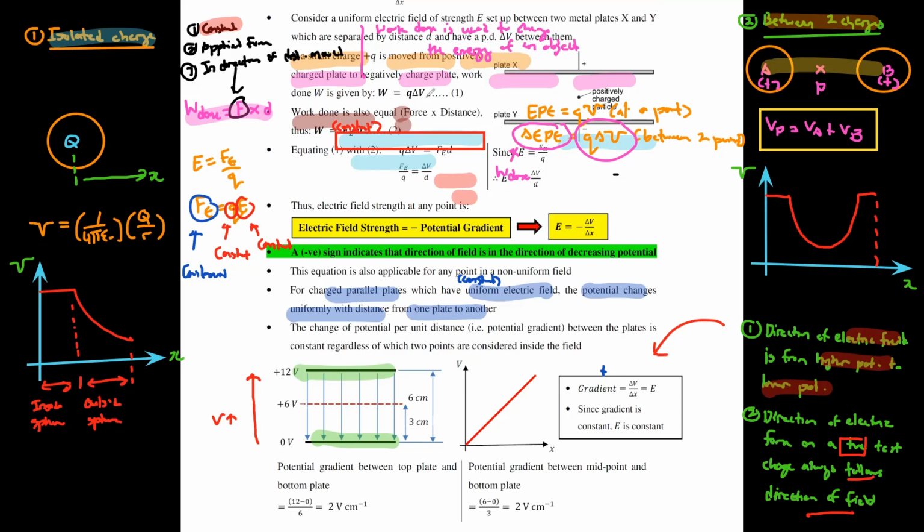If you were asked to draw a graph of potential versus distance for a charged parallel plate, the variation of your potential with distance would tend to be linear, such that you get a straight line like this, okay? It cannot be a curve, it cannot be anything else. It must be a straight line.